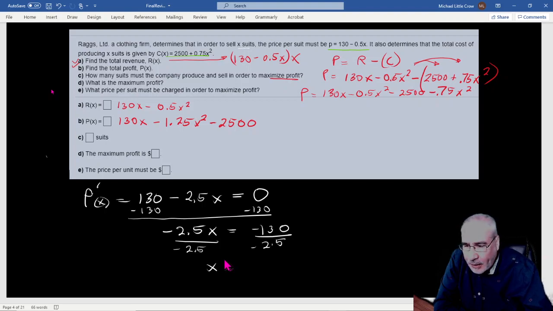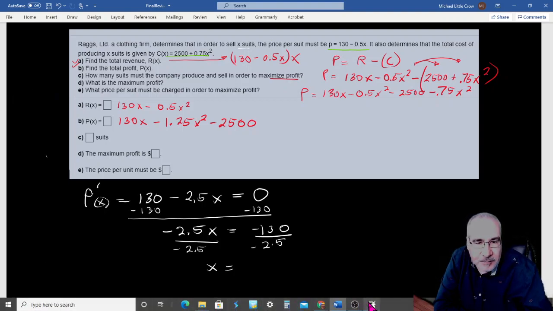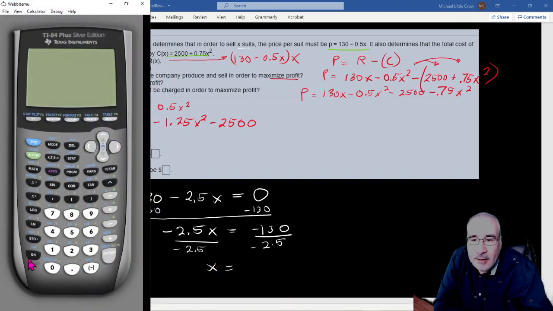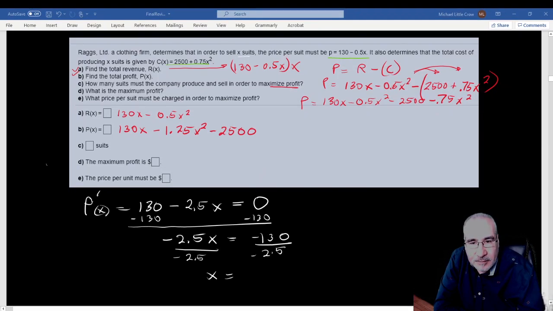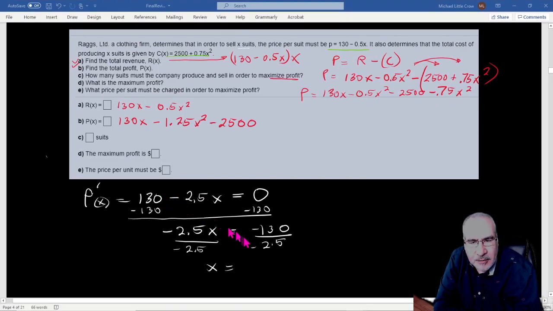It's going to be positive, so just 130 divided by 2.5. And I know it's 52. Okay, 52. So 52 suits gives us a maximum.